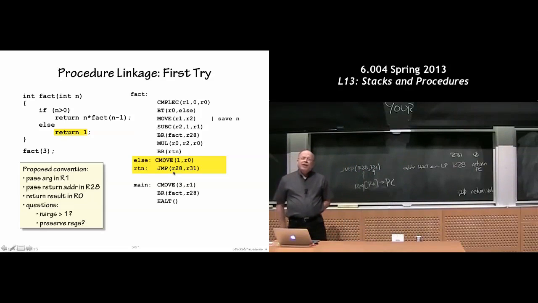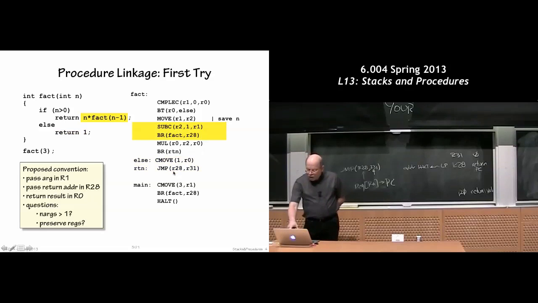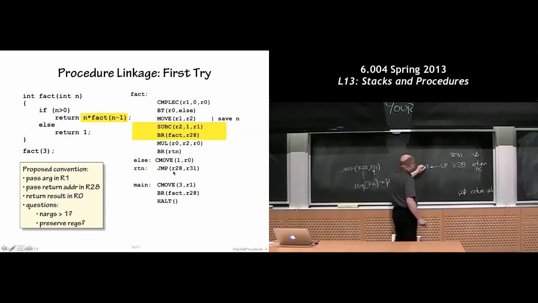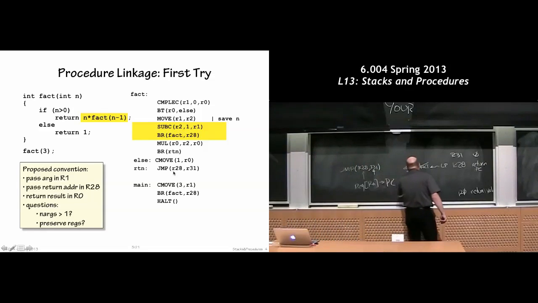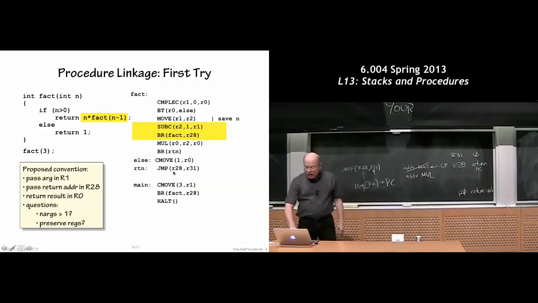There's a couple flies in our ointment here. Notice that when we did the recursive call, we actually replaced this address that was in R28. And what address did we put into R28 instead? Right, we actually put in the address of that multiply, which was the instruction that followed this branch.